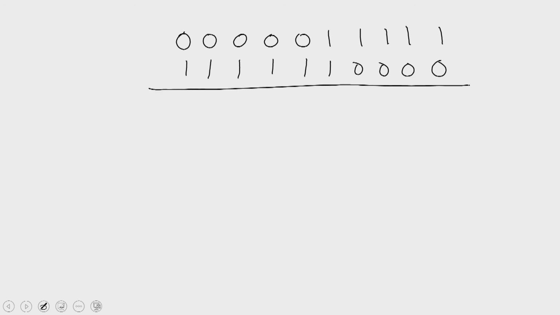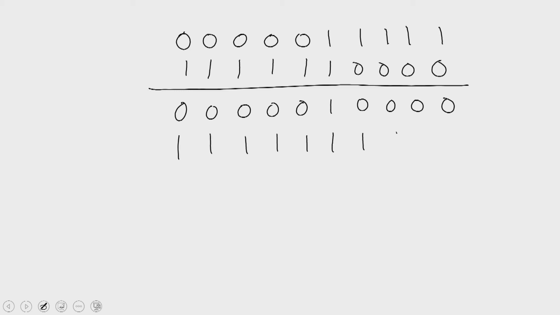We saw that if we compare and exchange them position by position, with the smaller element going to the top and the larger element coming to the bottom, at least one of the rows will become a clean row. In this case, the bottom row has become a clean row, whereas the top row continues to be dirty. But if the number of zeros and the number of ones exactly match, then we will have two clean rows. This we had seen earlier in the previous lecture. So we are going to use essentially the same concept here.